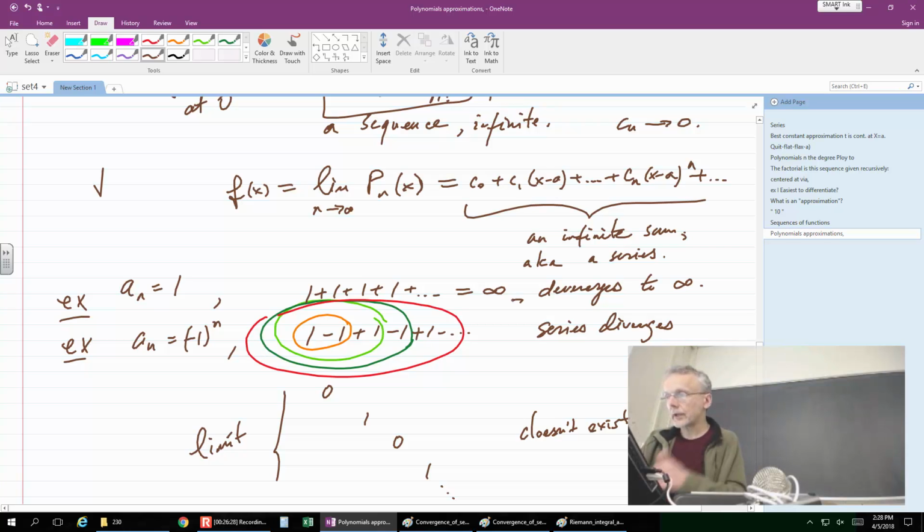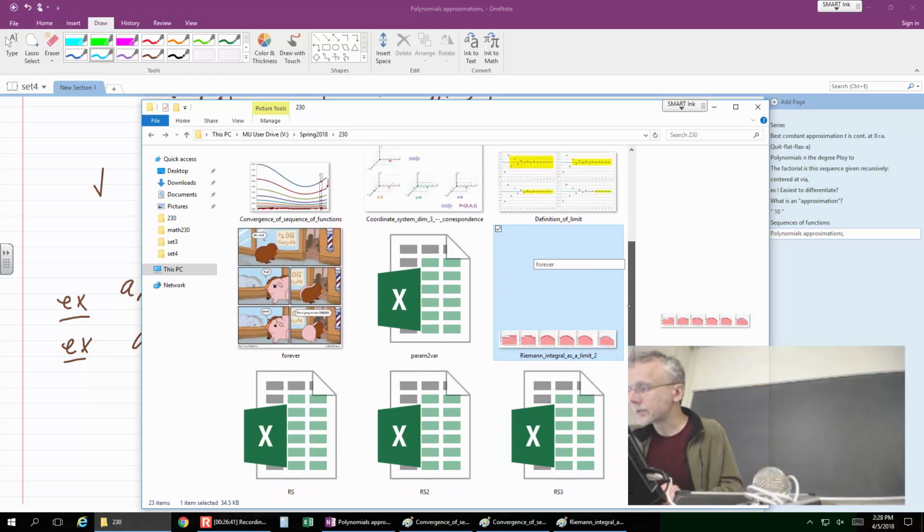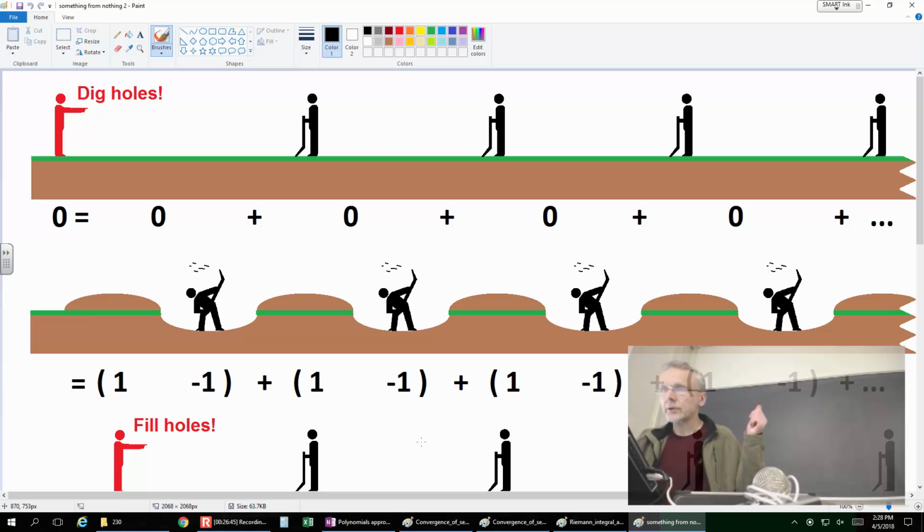This one is tricky. In fact, once we understand this, it is really helpful for us to stay away from trouble. The picture that I brought up some time ago, here it is. Remember this picture? It is meant to illustrate what we just did. Imagine that you have a bunch of people, and then they start digging holes.